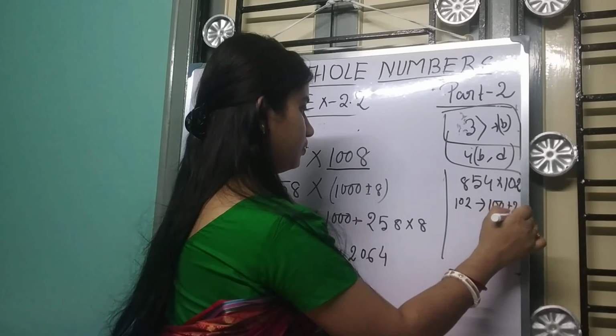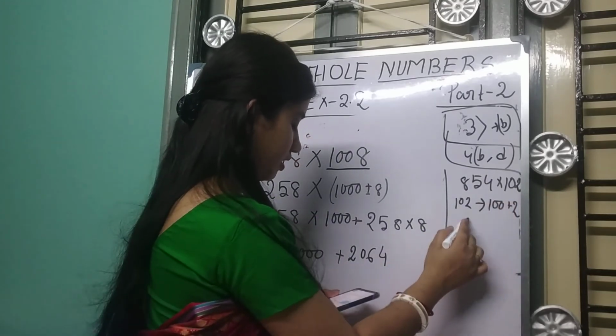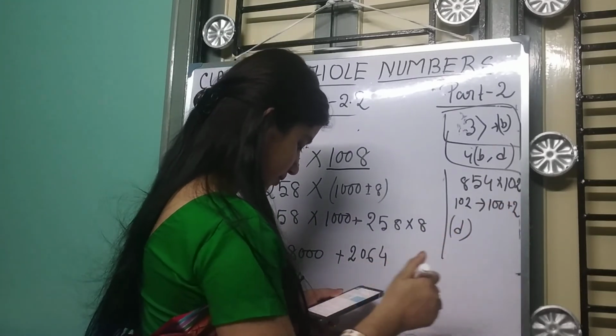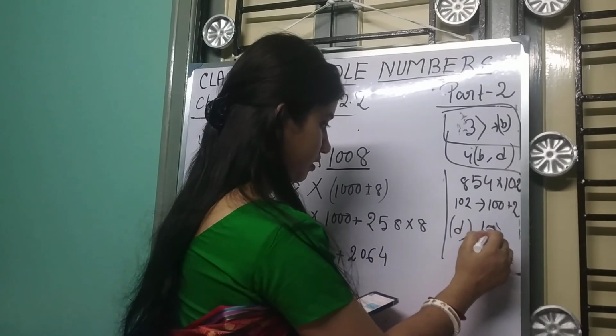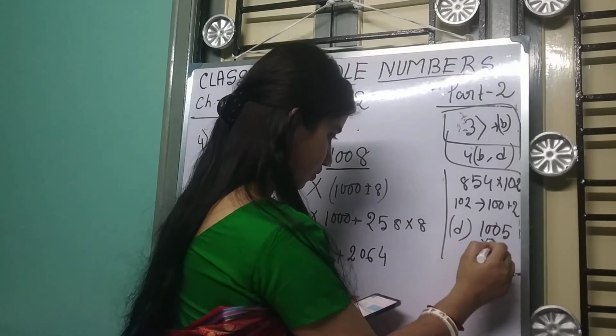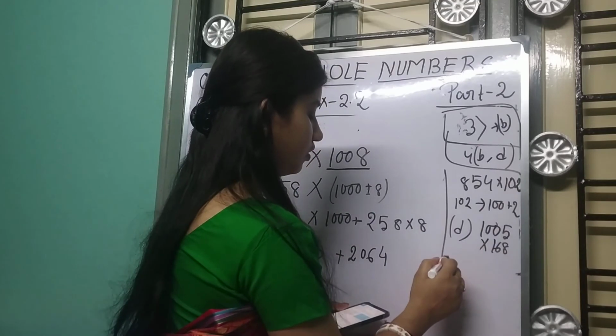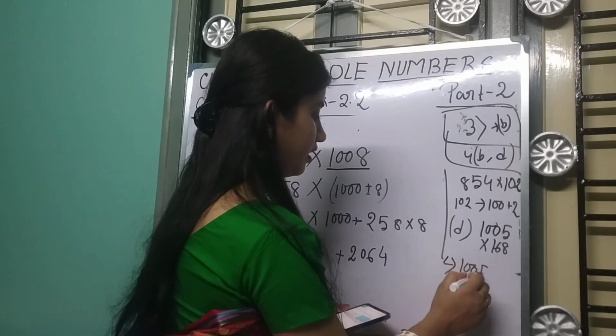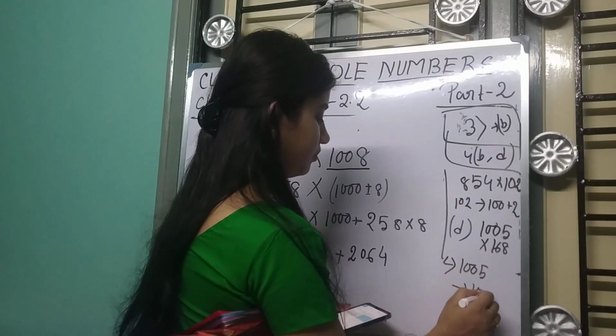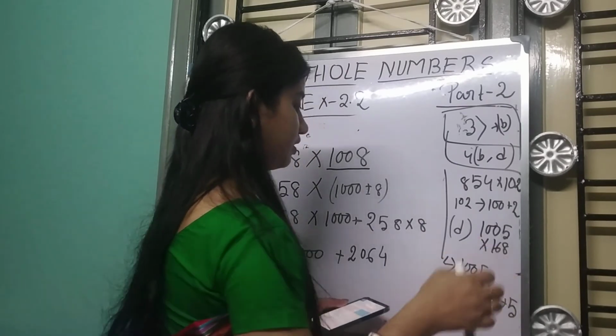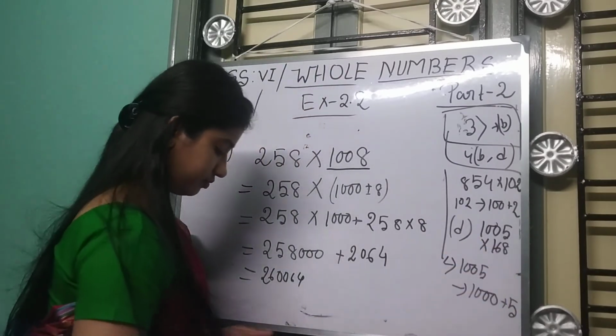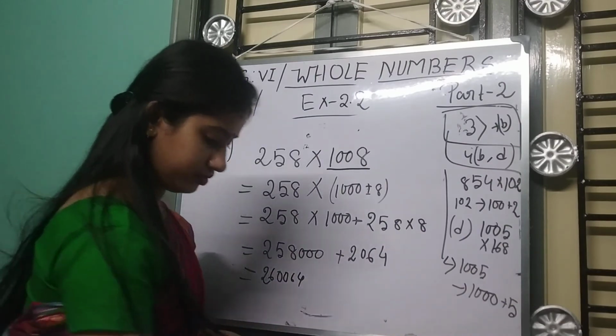And number D, here it is given 1005 into 168. So we should write 1005 as 1000 plus 5.